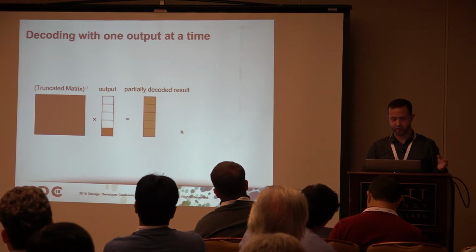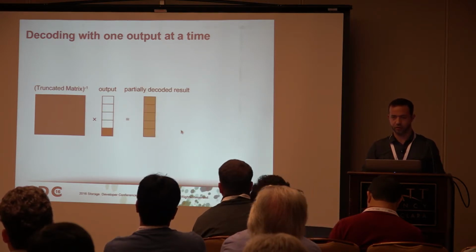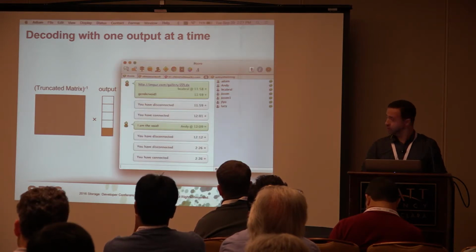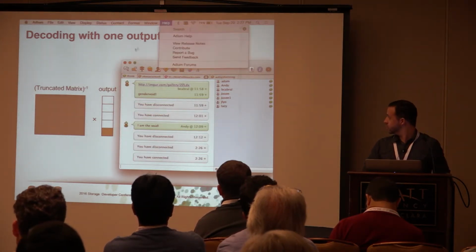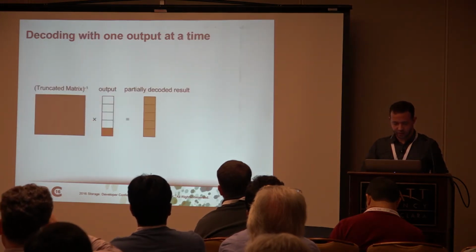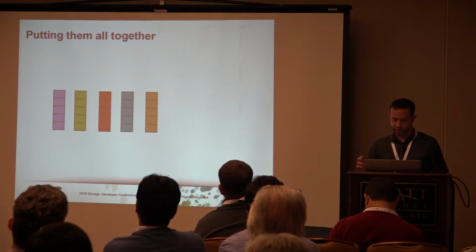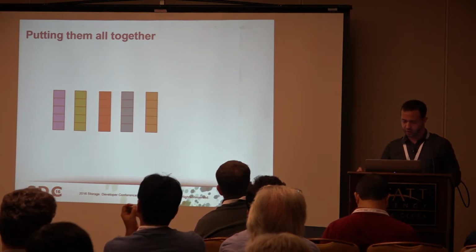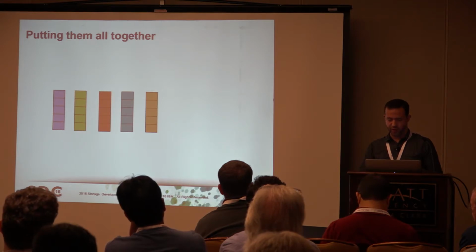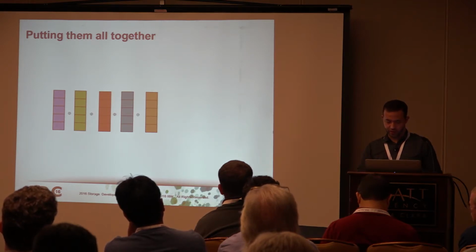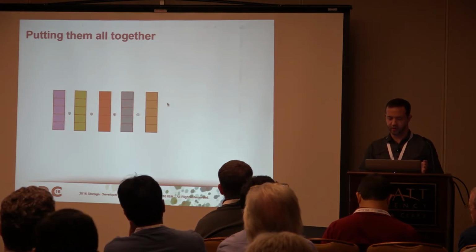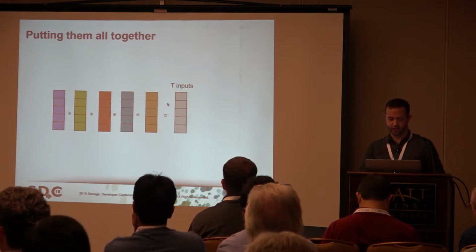And we can compute all T of the partially decoded results one at a time. So once we have all T of the partially decoded results, it turns out that when we add them together, the result is the same as had we decoded them all at once.